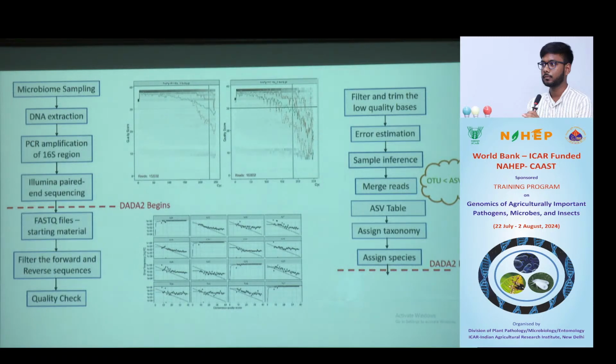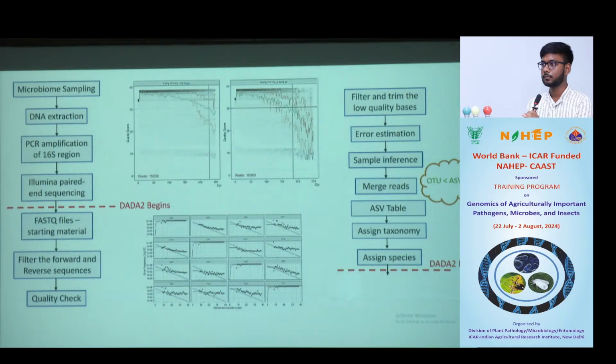Before this ASV table, there was a concept used, that is OTU, operational taxonomic unit. What is an operational taxonomic unit? It is based on sequence similarity. If many sequences have more than 97% similarity, they are considered the same group.